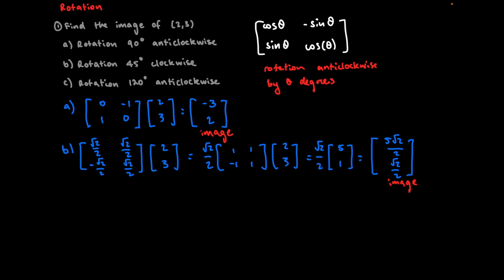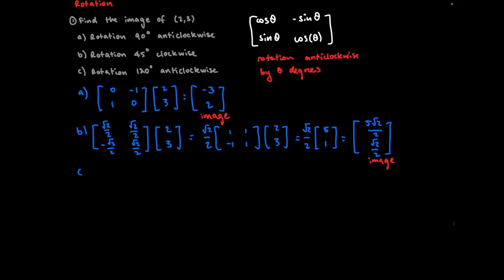Now the last one that we're going to do is the rotation 120 degrees anti-clockwise. So for this, we can simply make theta equal to 120. So we have cos of 120, minus sine 120, then sine of 120, and then cos of 120. And if you don't know how to work out the exact values off by heart, I do have another video you can watch before you watch this one.